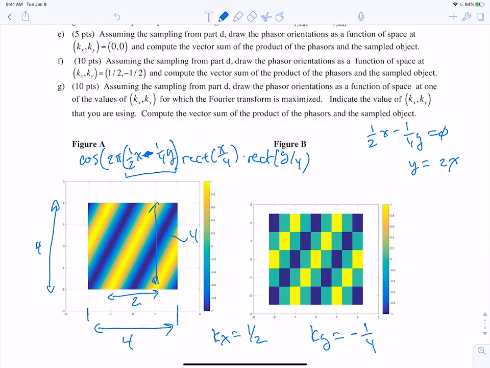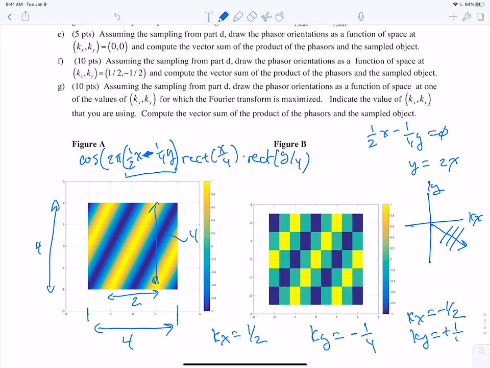The other way to go about it is if you go back to kx and ky, right? We know that if I go to here in k space, the lines are going to go like that. So we know which quadrant we're in. How about if your x was negative and your y was positive? Let's say kx was negative 1/2. What would ky equal?